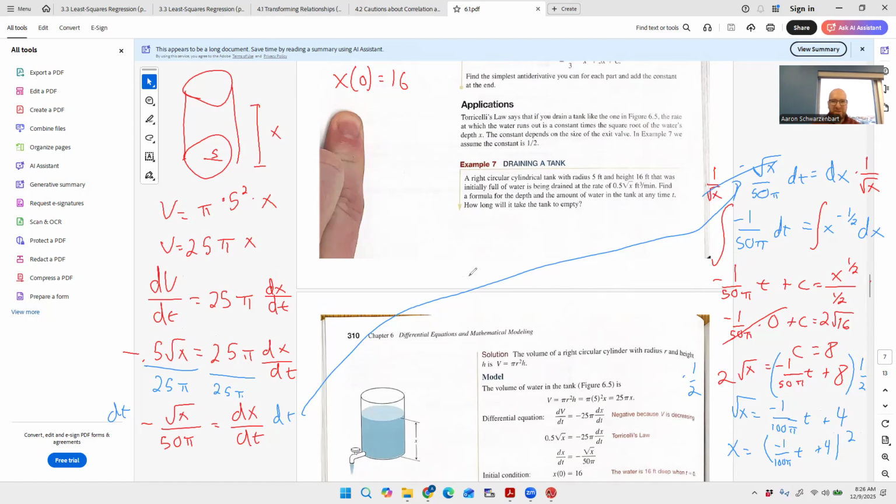If I want my original volume equation, remember this was my original volume equation? I can now plug in for x.